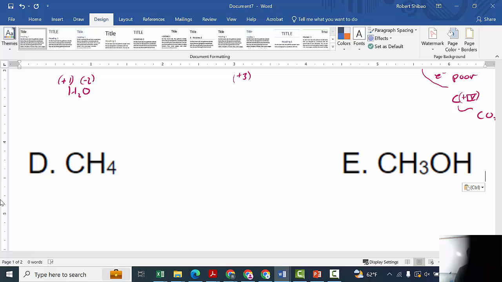This is called methane, and hydrogen is assigned first, plus 1. Hydrogen usually goes first at plus 1, unless we have an alkali metal. If we have an alkali metal, that takes precedence. And then carbon is minus 4. What would you say? Is that electron rich? Yeah, I'd say that's electron rich.